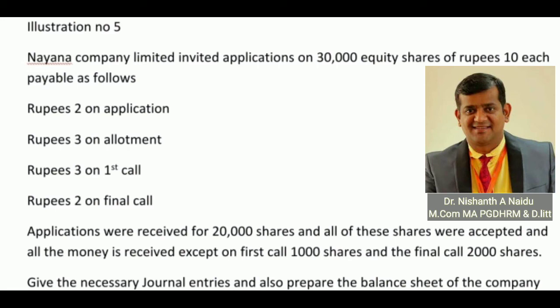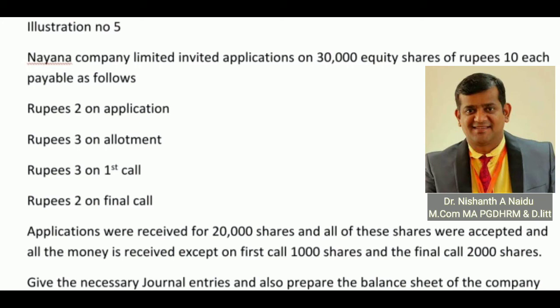And point number 2, all of these shares were accepted and all the money is received except on first call 1,000 shares. So there was a shareholder who could not pay the first call money on 1,000 shares and the final call on 2,000 shares.